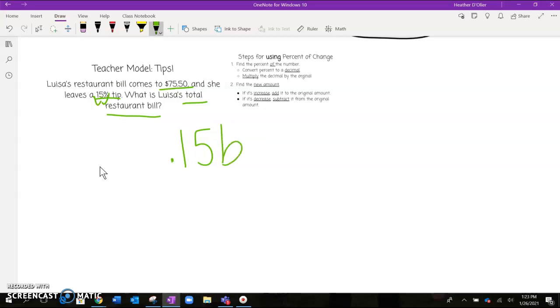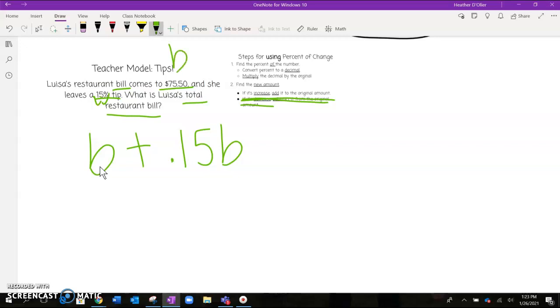I'm going to use B for bill. Then we know it's an increase because it's a tip. It's going to make the amount larger, so I've got to add the original amount of the bill. That's my expression: B plus 0.15 B, which means 0.15 times B.